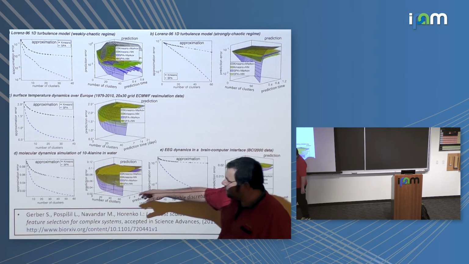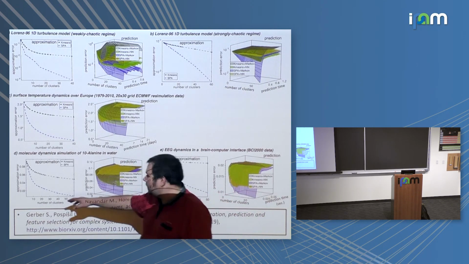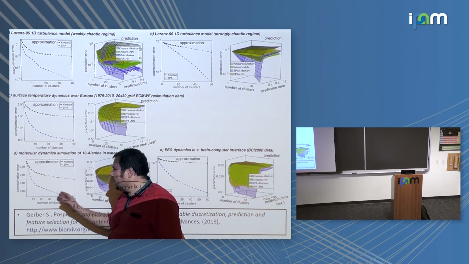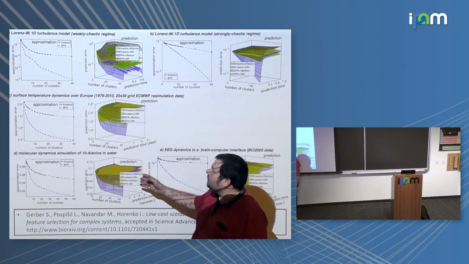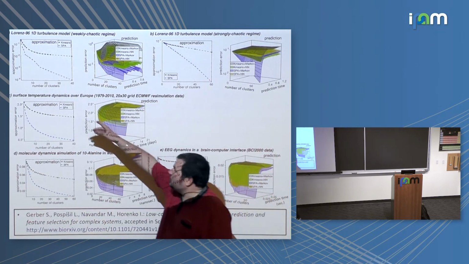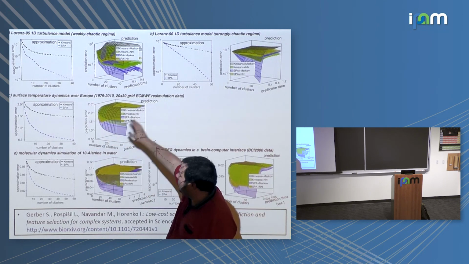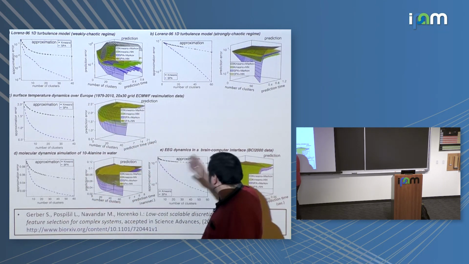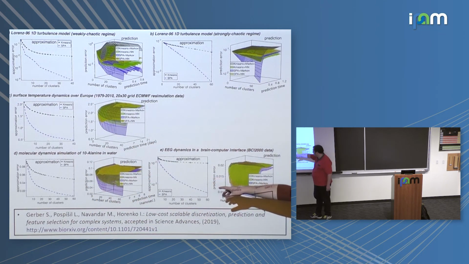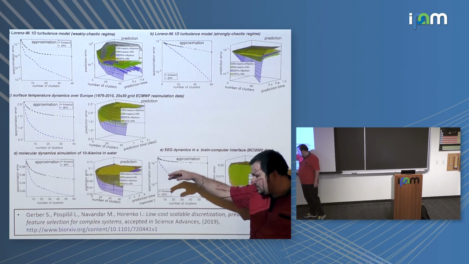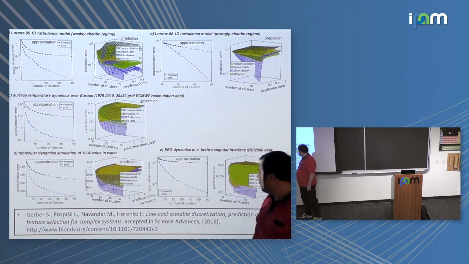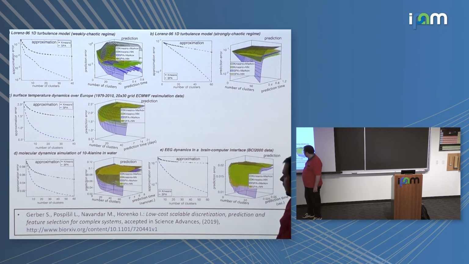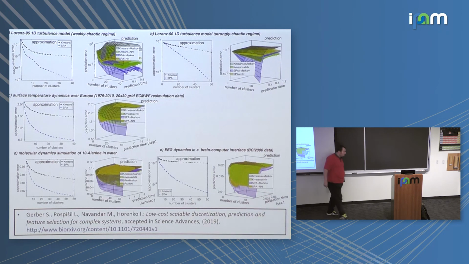The message is that SPA is much better in terms of both approximation and prediction. We tested it, for example, on the Lorenz oscillator, on the prediction of temperature, and on EEG data, which are signals from the brain with a large noise, and so on.